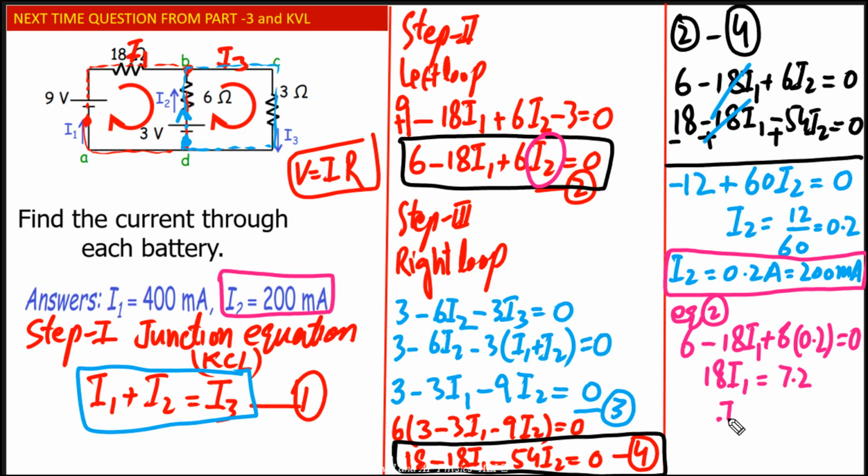From here we can get the value of I1. We simply need to divide by 18. If we divide by 18, we will get our answer, 0.4. So it means I1 is equal to 0.4 amps, or we can say this is equal to 400 milliamps. So this is our final answer for I1.